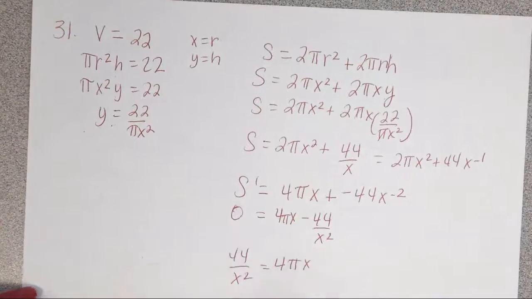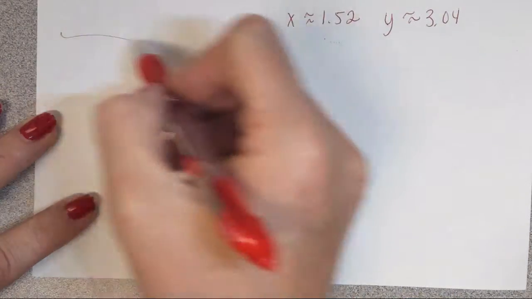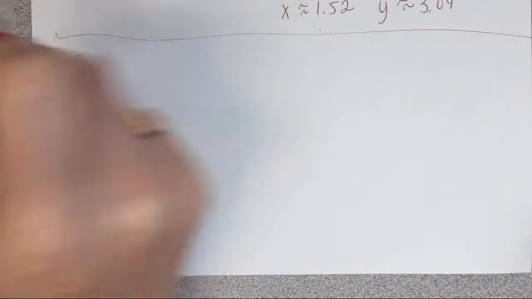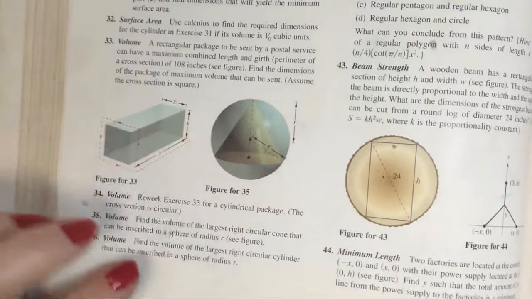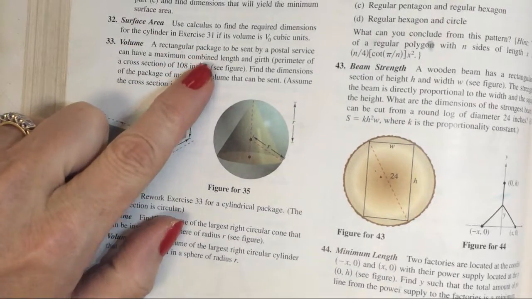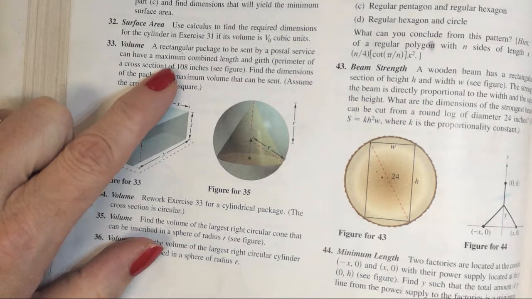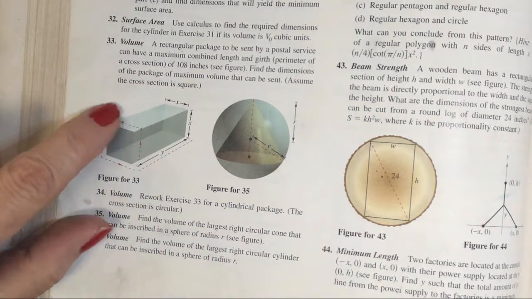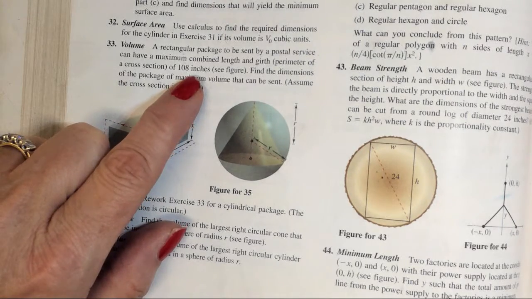Okay? All right, let's take a look at 33. Somebody asked for that one. Okay, 33, this is about the package that we're going to send. So it says a rectangular package is to be sent by a postal service, and it can have a maximum combined length and girth. The girth is just the perimeter of this cross section here, and that can be a maximum of 108.